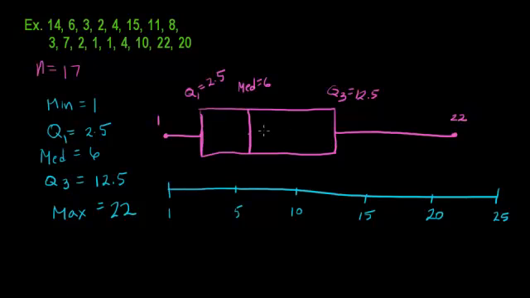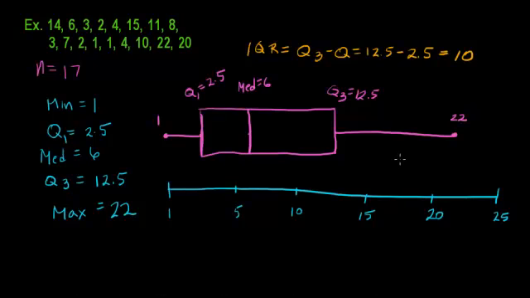We can get a feel for the IQR, the interquartile range, which is of course Q3 minus Q1. We can calculate that, 12.5 minus 2.5 and get 10, but we also have a visual of how that 10 looks relative to the rest of the data.